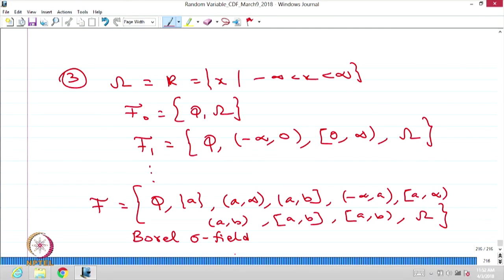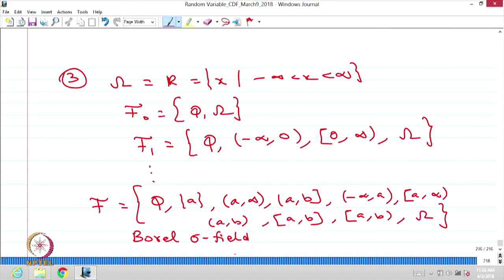Suppose I have an omega which is not the whole real line, but a subinterval, the closed interval 0 to 1. Then you can always create an F which is the Borel set on the real line intersected with 0 to 1.